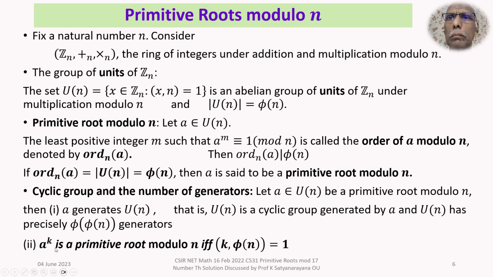So, a power k is a primitive root modulo n if and only if the GCD of k and phi of n is equal to 1. That means k is relatively prime to phi of n. Then a power k is a generator, and it's also primitive. So, a power k is a primitive root modulo n if and only if k and phi of n are relatively prime.